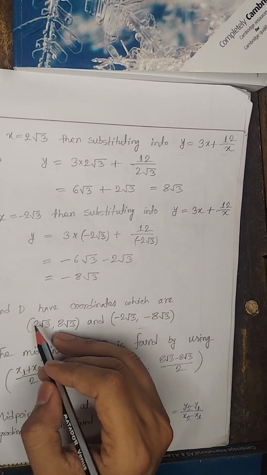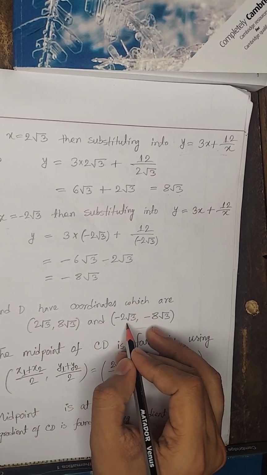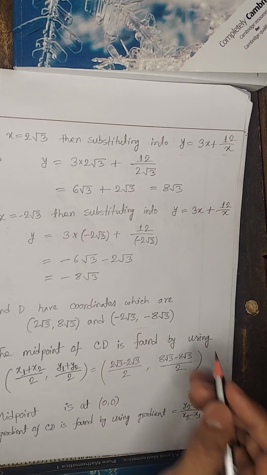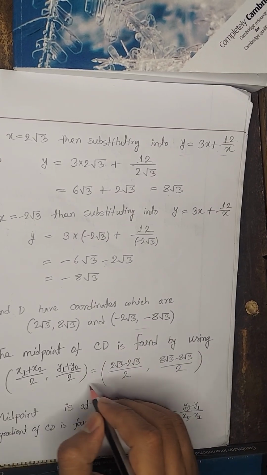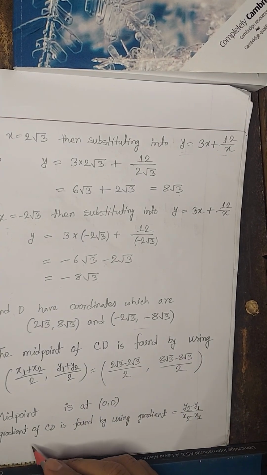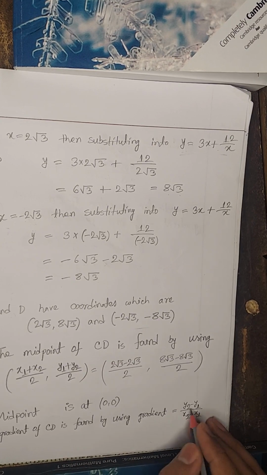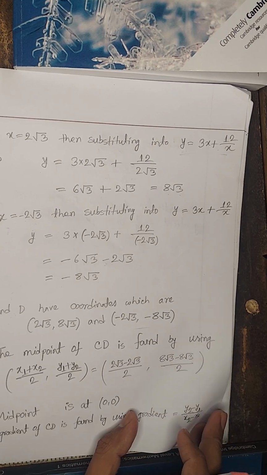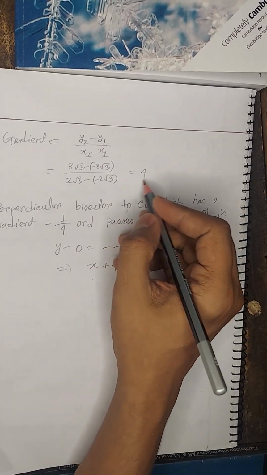So the coordinates of C and D are (2 root 3, 8 root 3) and (minus 2 root 3, minus 8 root 3). And the midpoint of CD is found by using the midpoint formula, which is (0, 0). The gradient of CD is found by using y2 minus y1 divided by x2 minus x1, and we get the gradient is 4.